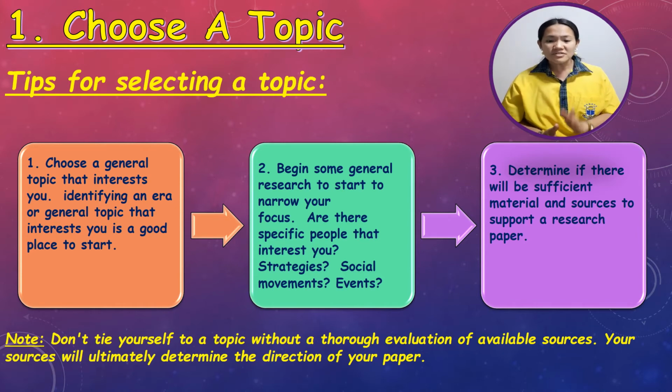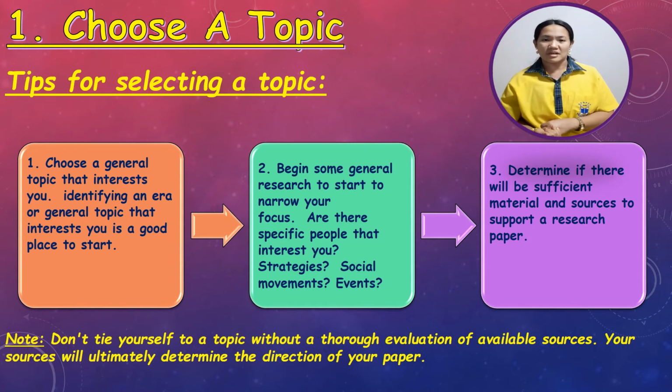Remember, don't tie yourself to a topic without a thorough evaluation of available sources. Your sources will ultimately determine the direction of your paper. Your sources can be the internet, books, newspapers or any old articles.